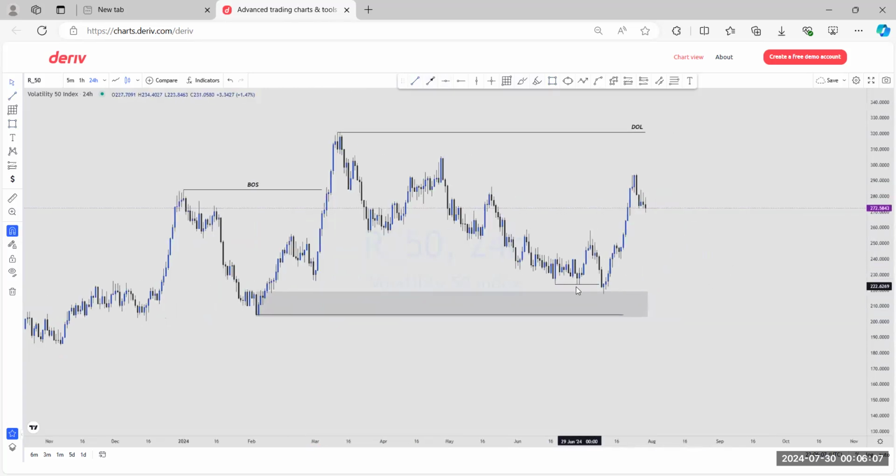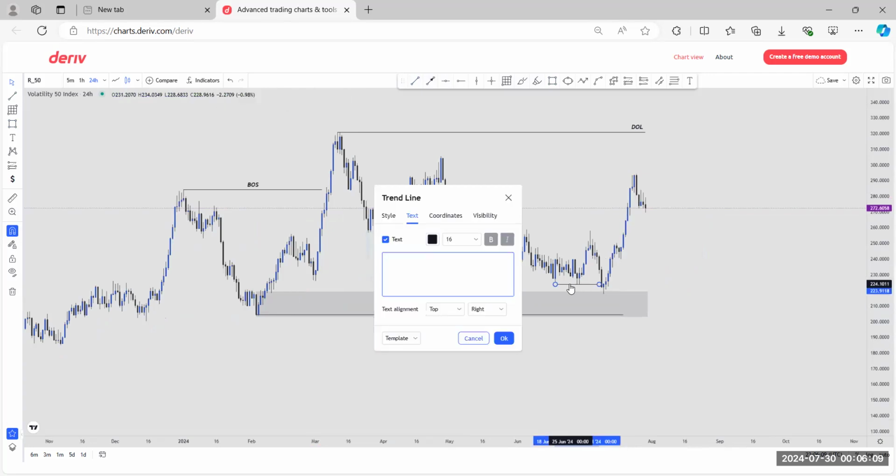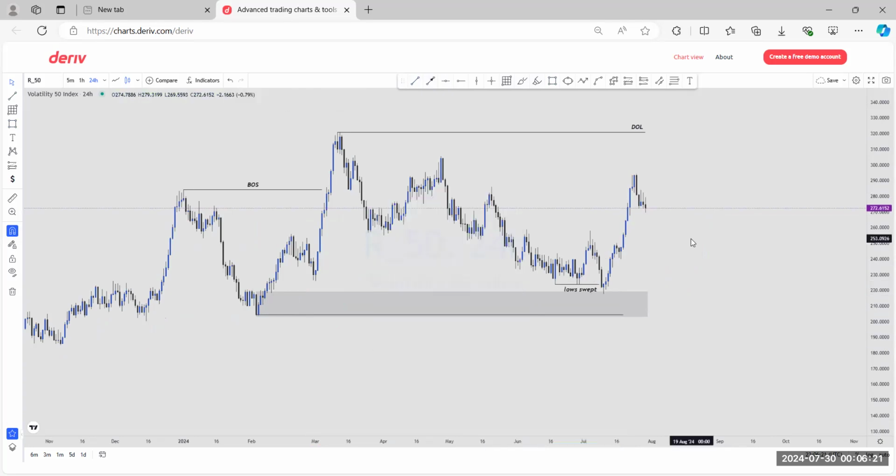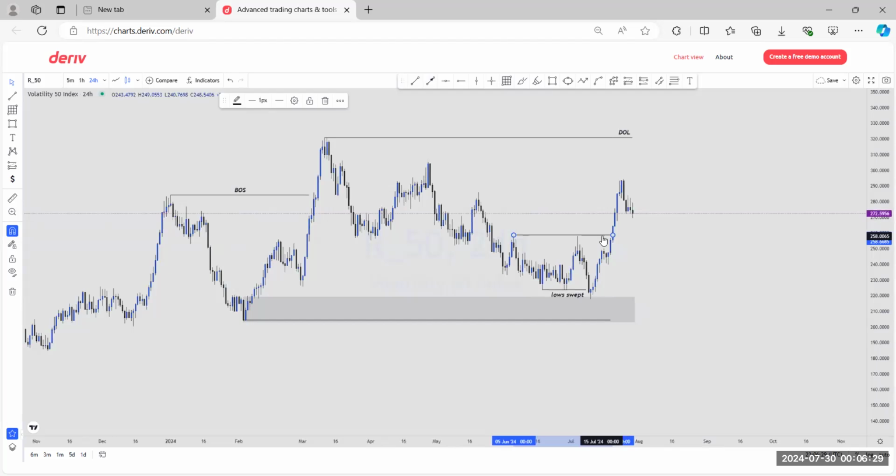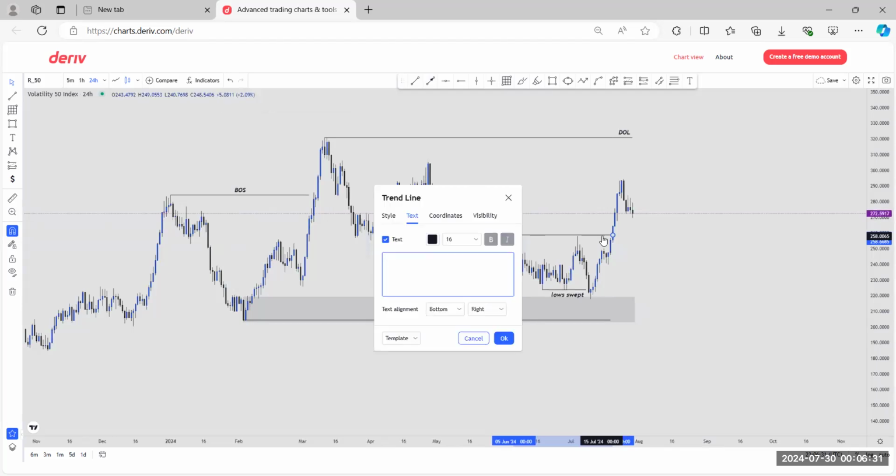All right. So this was a liquidity sweep. The lows were swept here, and price gave us what? A market structure shift after breaking this high. So we had a change of character, if you wish.